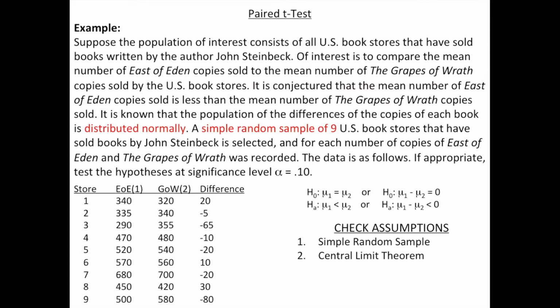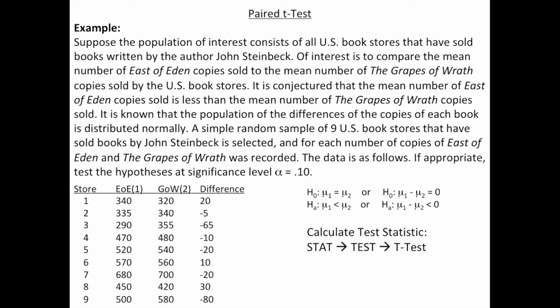It states that we have a simple random sample and that the populations are normally distributed, and so our central limit theorem and simple random sample assumptions are both satisfied. And so if we want to move forward, we're going to conduct a t-test, and we're going to do this by either entering our data based on the differences between our two columns, or you can enter the statistics about your difference column by taking the sample mean, sample standard deviation, and sample size and entering it into the stats option.